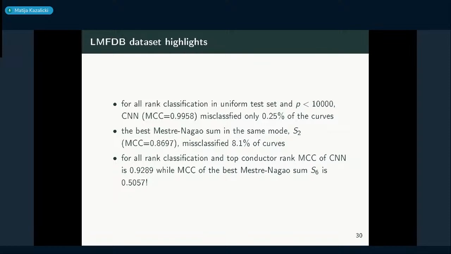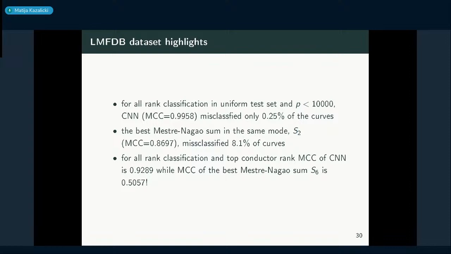So to summarize the performance on the LMFDB dataset, we can say that for all rank classification in the uniform test case, for P less than 10,000, CNN with MCC of 0.9958 misclassified only 0.25% of curves, while the best Mestre-Nagao sum in the same mode, which is S2, misclassified 8.1% of the curves.